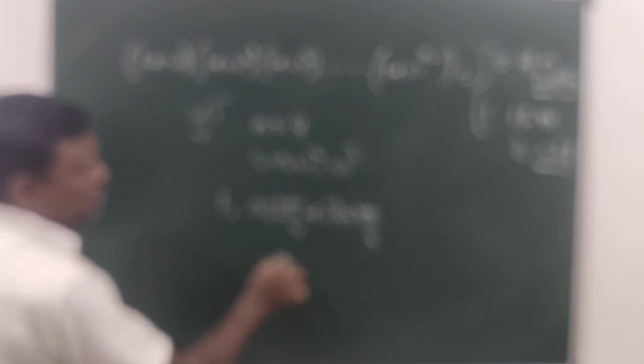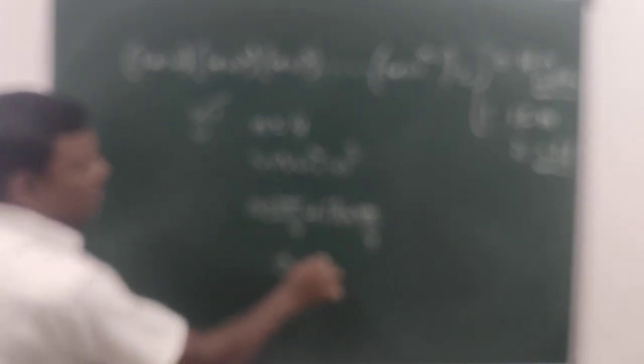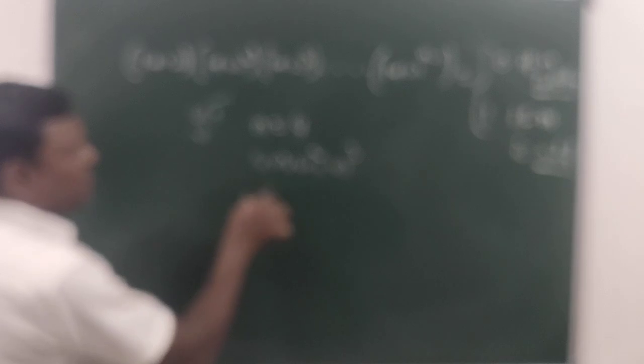Here n is 4, so cos 2 pi by 4 is cos 90, which becomes 0. What about sin 90? It is 1, so you are getting i. So omega is i. The first one is 1, the second one is i, and the third one, i square, is minus 1. Omega cube is i cube, which is equal to minus i.